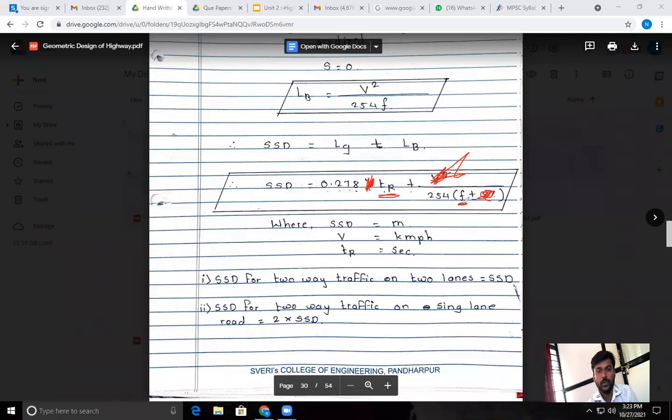Can anyone tell the value of TR? You can text in the chat box. The reaction time value, as per the IRC, how much do we take?